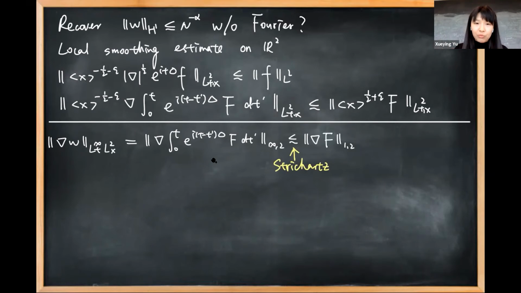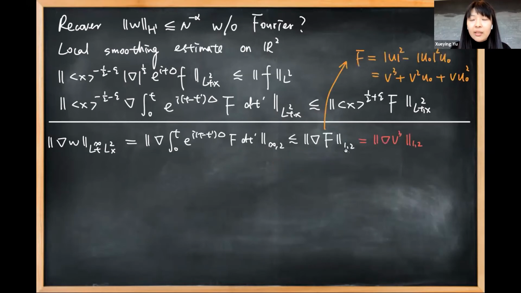I did nothing, just rewrote the definition. And then you can use Schrieffer's estimate to say you can actually act this derivative on the nonlinear term, all right? And then, since I know this nonlinear term, capital F, it would be the difference of these two things.